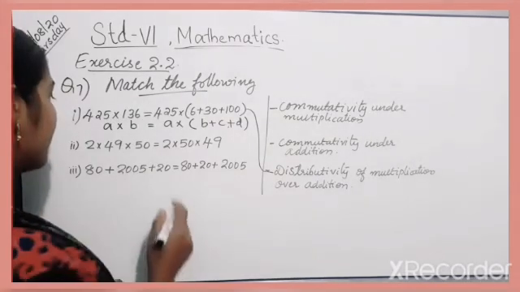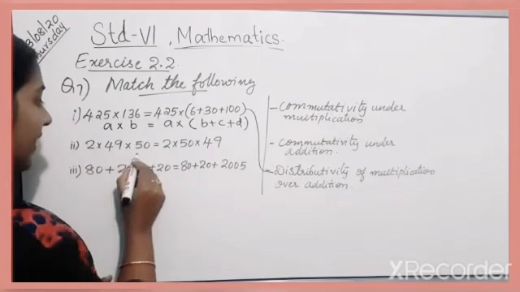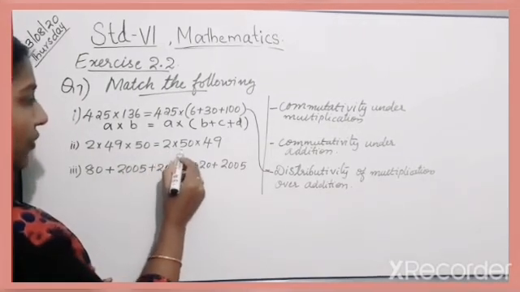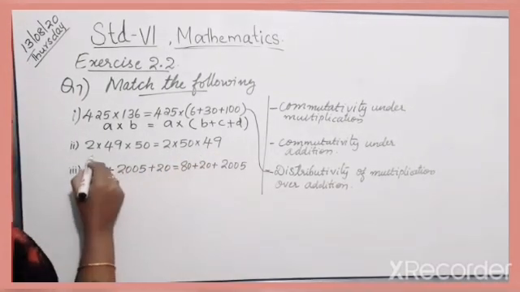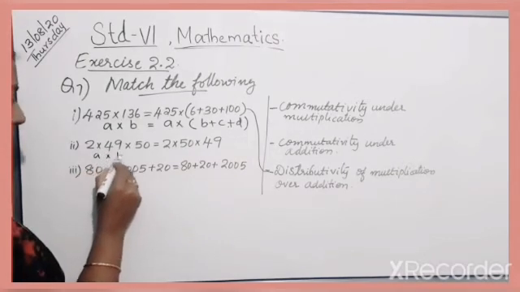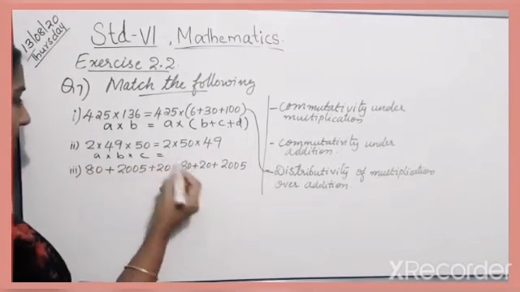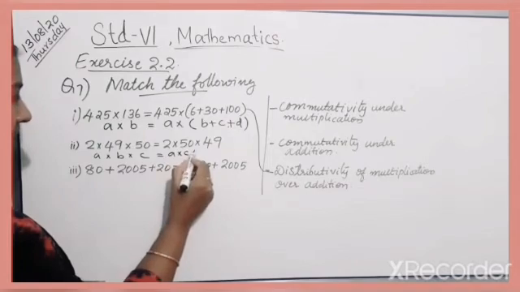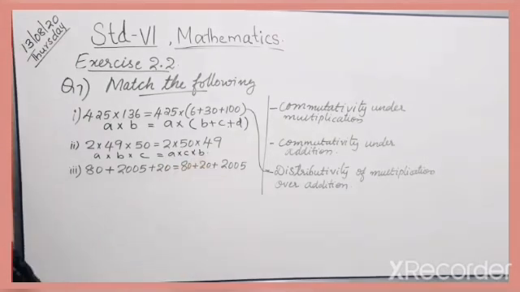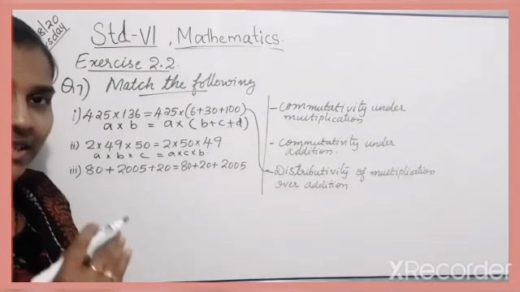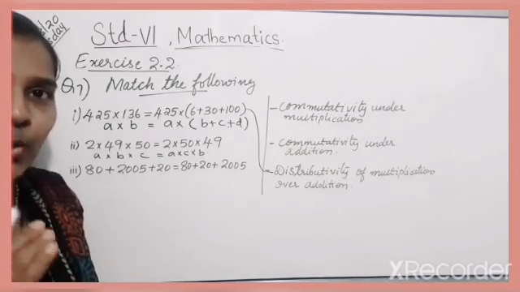Now look at the next question. 2 into 49 into 50 is equal to 2 into 50 into 49. That is, if we are writing A into B into C is equal to A into C into B. What is the meaning? Yes, we can multiply the numbers in any order.